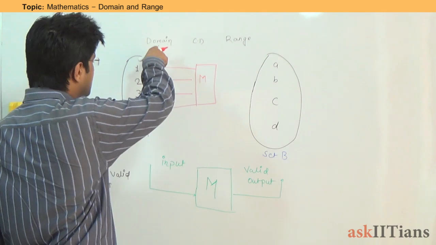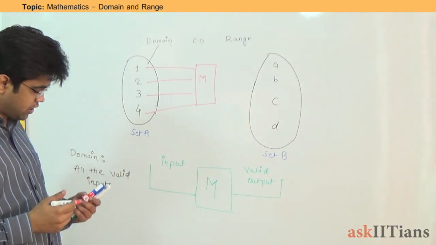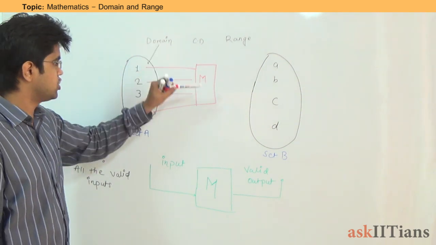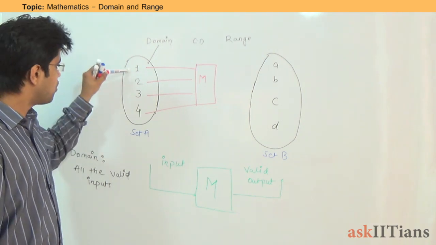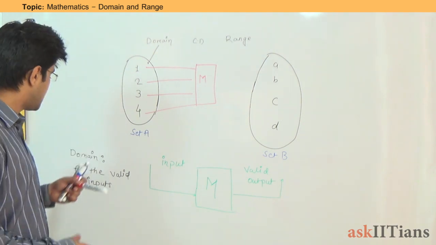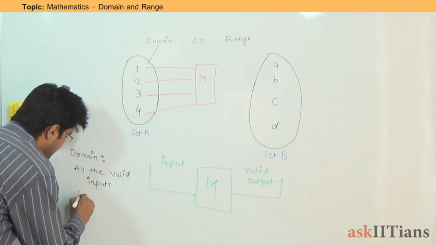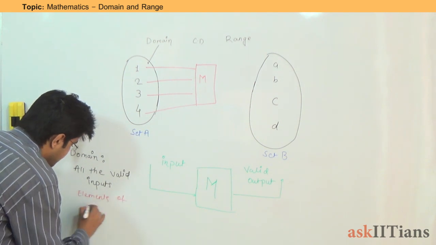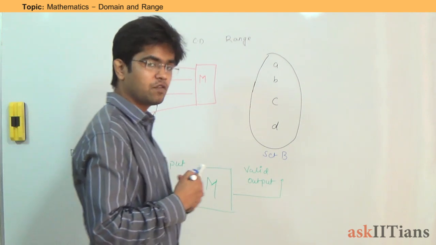That means each and every element of set A is in the domain, because in order for this relation to be a function, all these elements have to map. So all these elements are an input. That means all the valid inputs are nothing but elements of set A.